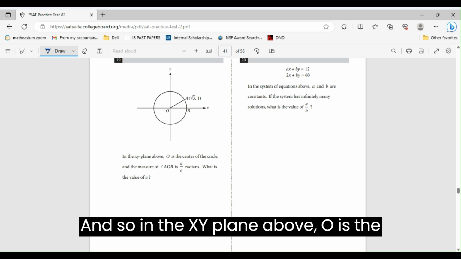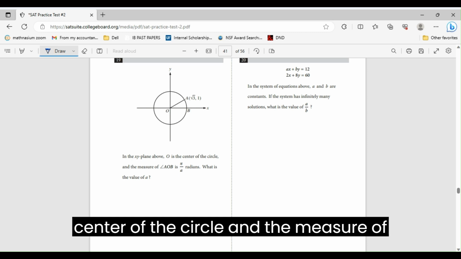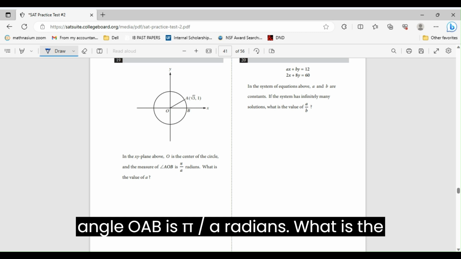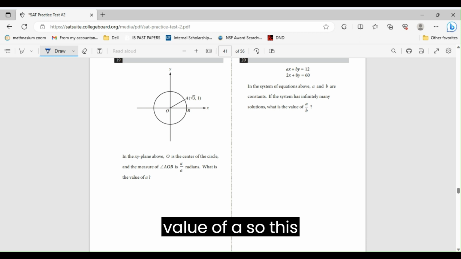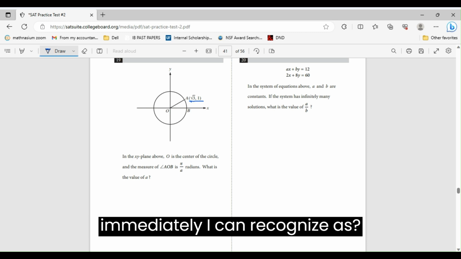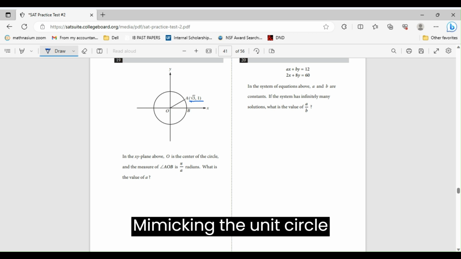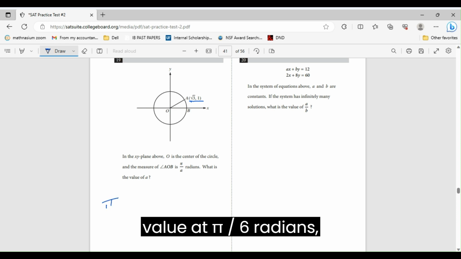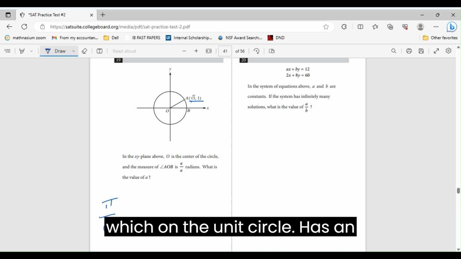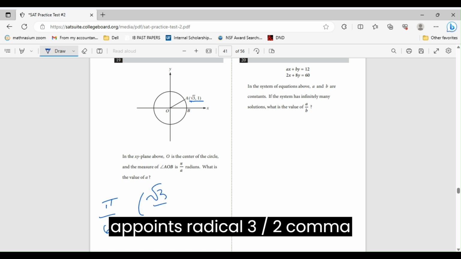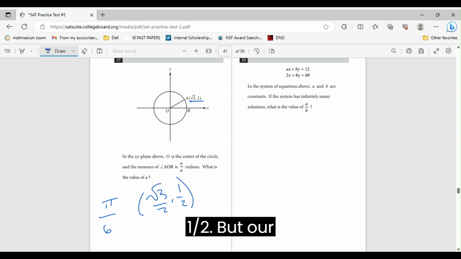And so in the xy plane above, O is the center of the circle, and the measure of angle OAB is pi over a radians. What is the value of A? So this immediately I can recognize as mimicking the unit circle value at pi over 6 radians, which on the unit circle has endpoints radical 3 over 2 comma 1/2.